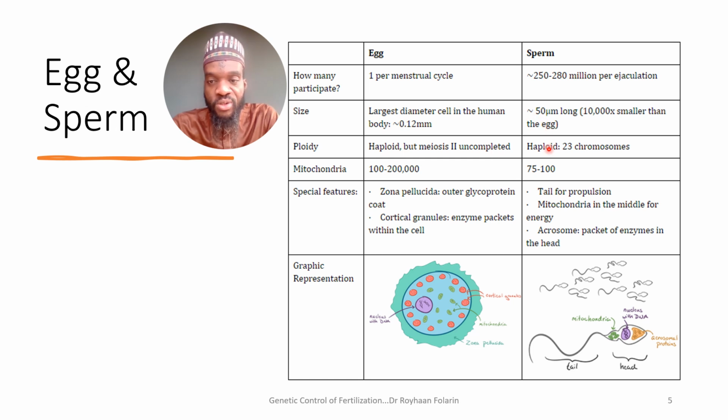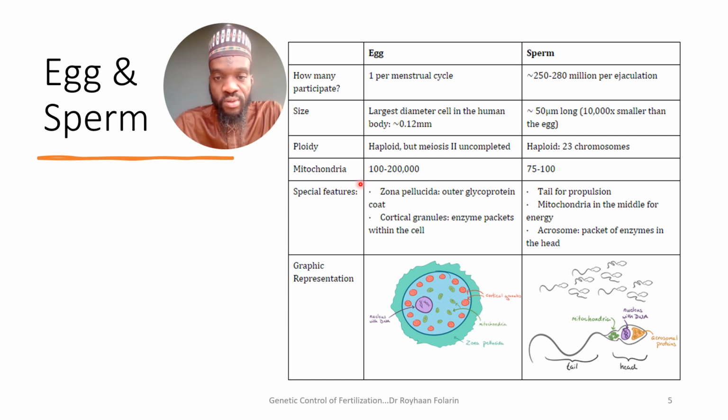While the sperm is also haploid and it has its 23 chromosomes, the maturation of the secondary spermatocyte into the spermatid, which then undergoes spermiogenesis into the spermatozoa, will start occurring from puberty.